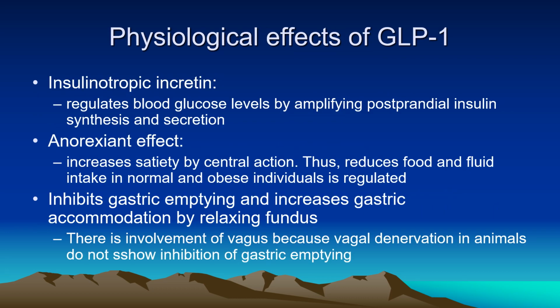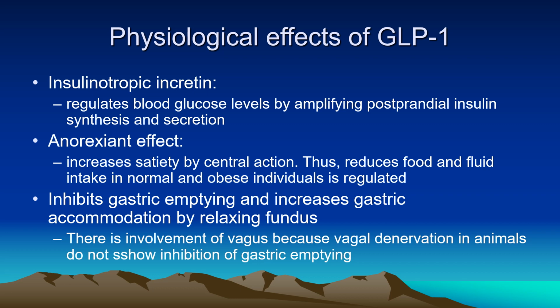Now, the insulinotropic action of GLP-1 acts as a regulator for blood glucose level maintenance, and it amplifies postprandial insulin synthesis and secretion. There is increased satiety by central action, which reduces food intake and fluid intake in normal and obese individuals.